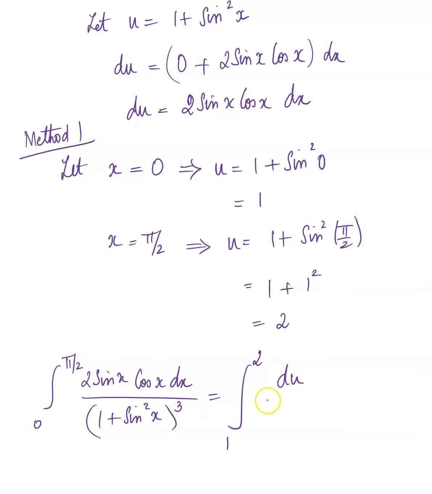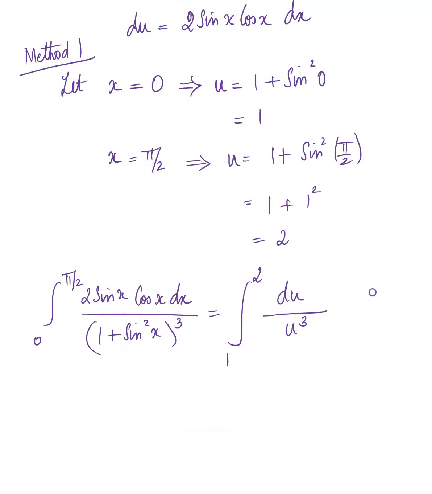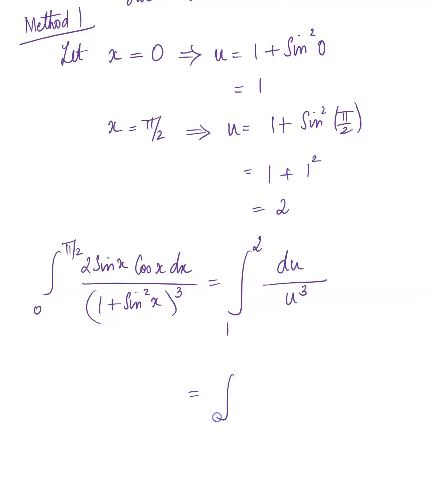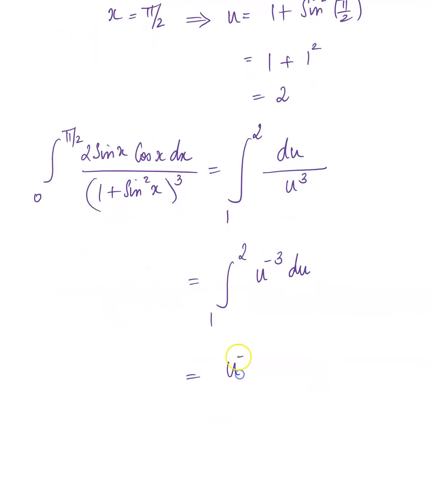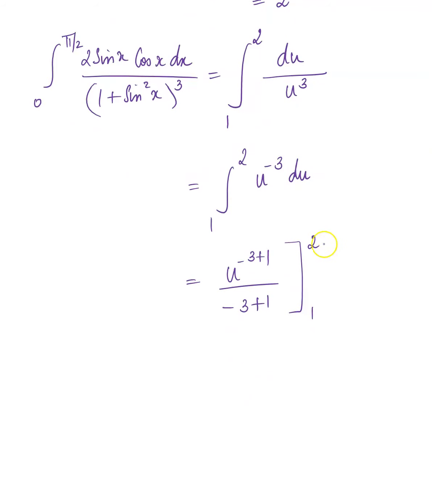The numerator is du over u cubed, and I can bring the u cubed to the top. That will become u to the power negative 3. And remember, these limits can be directly applied. These are transformed limits, so you can use them for u.